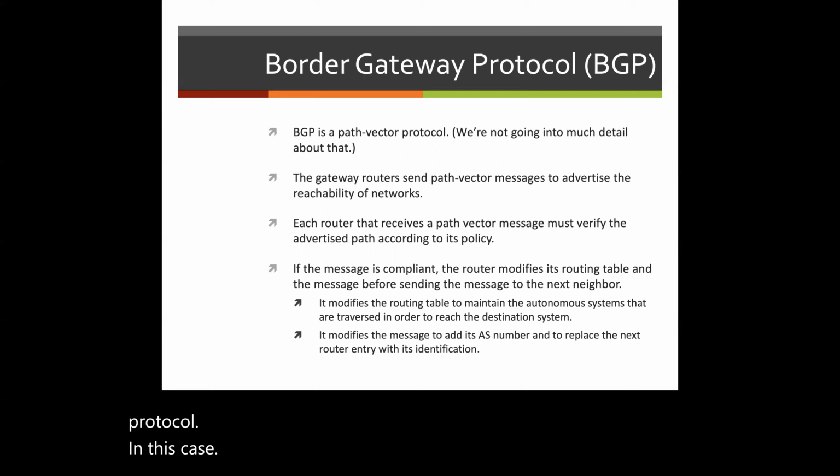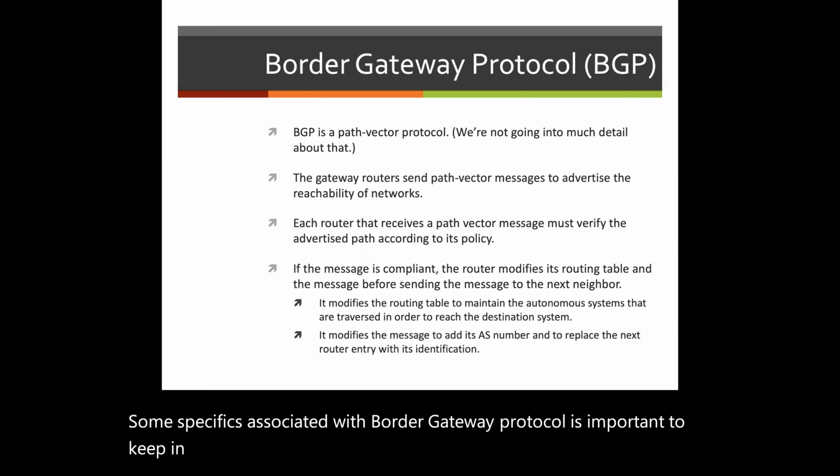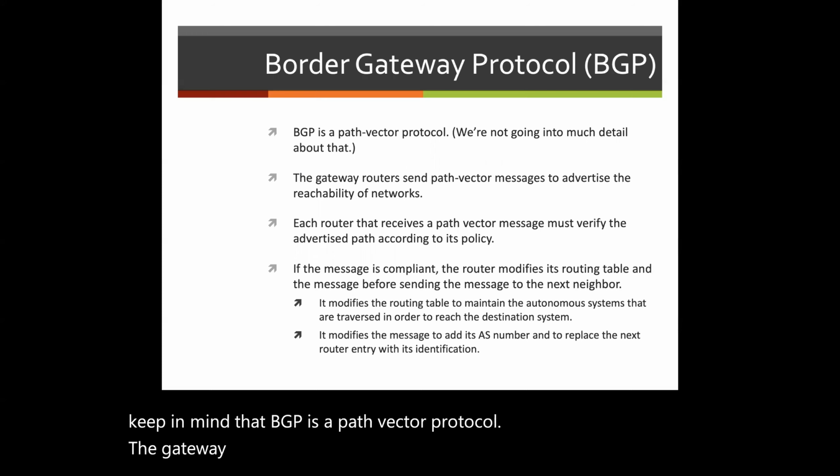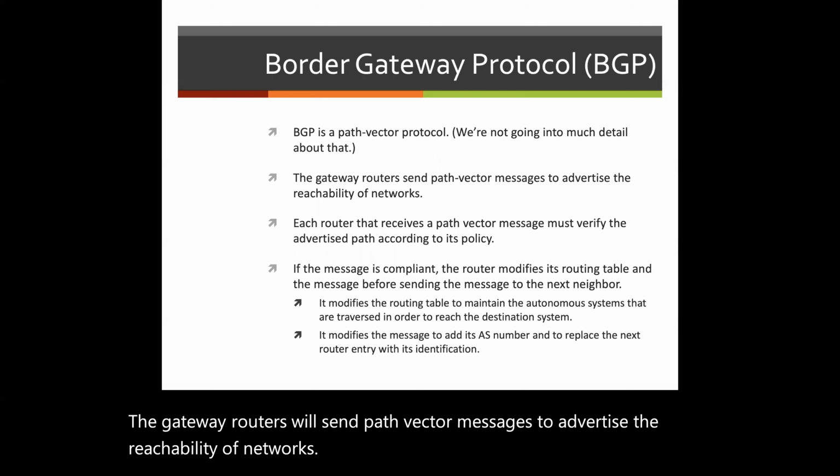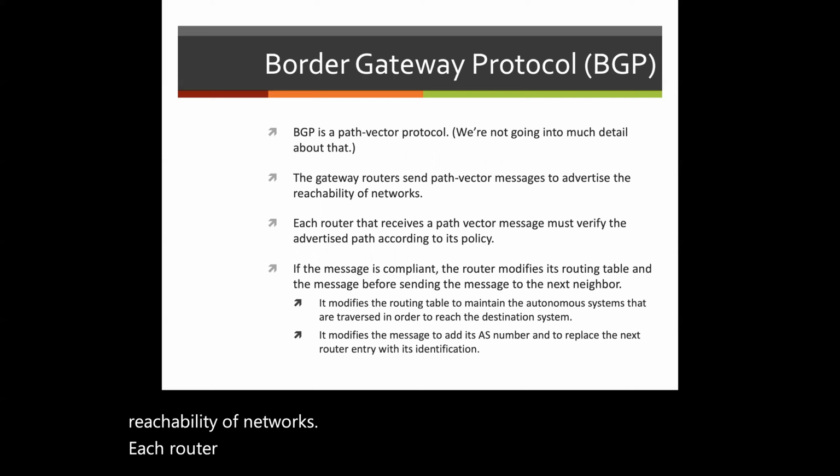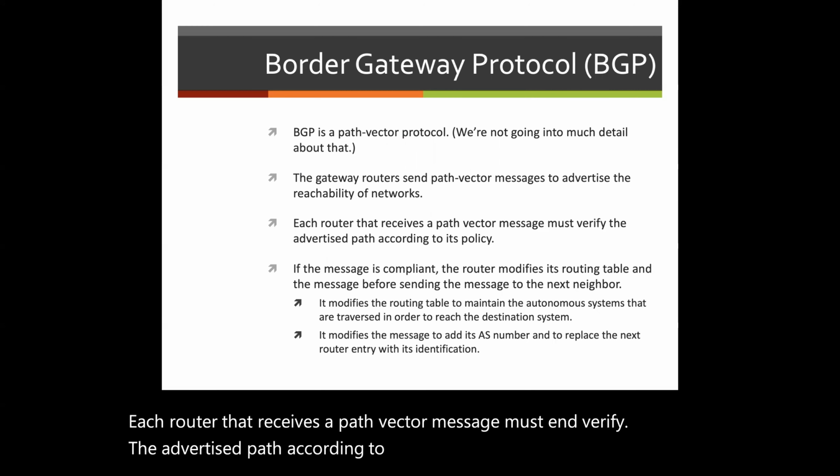Some specifics associated with border gateway protocol. It's important to keep in mind that BGP is a path vector protocol. The gateway routers will send path vector messages to advertise the reachability of networks. Each router that receives a path vector message must then verify the advertised path according to its policy.